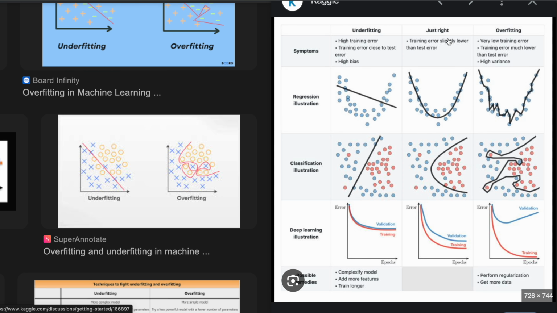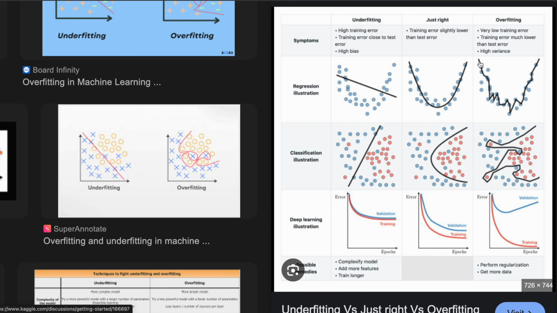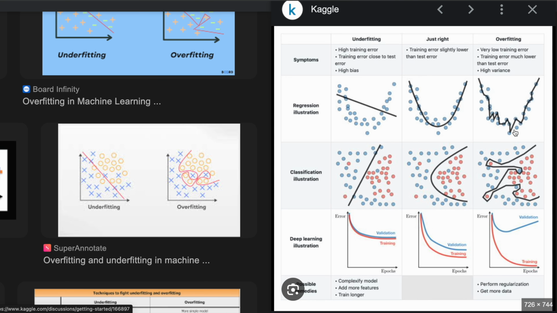And in the high variance case, there is very low training error, much lower than test error. Basically, in overfitting, the model is just trying to learn all the data points, and that is why the training error is too low, because it has already learned all the data points.